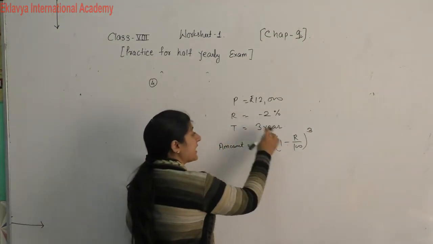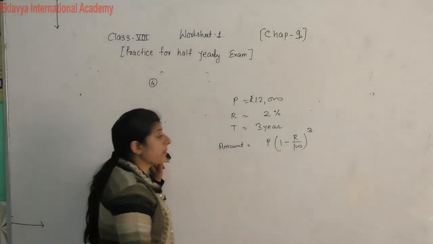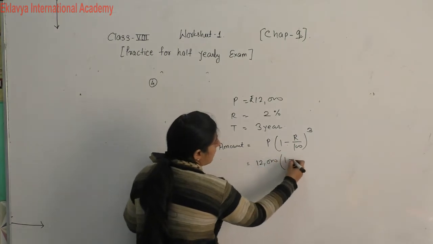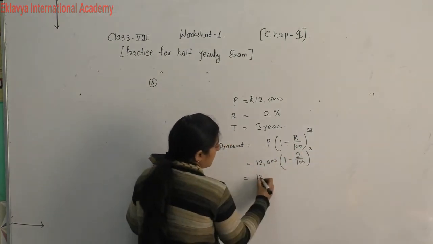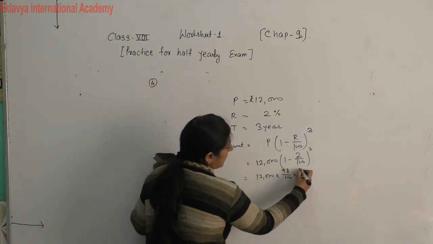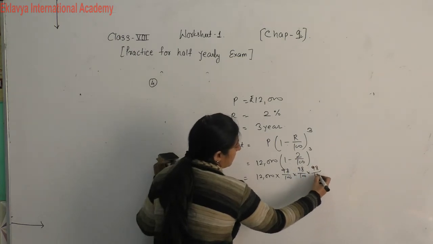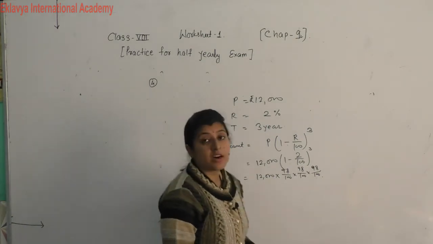If here you are taking minus sign, then there is no need to take with this minus. Then P becomes 12,000, 1 minus 2 upon 100 power 3. This becomes 12,000 multiply 98 by 100, 98 by 100, 98 by 100. Then after solve it and find out your answer.